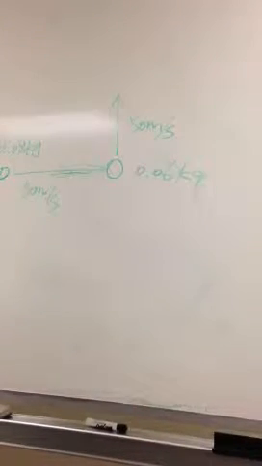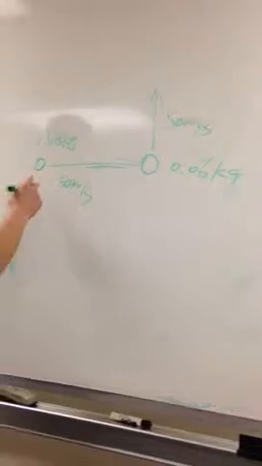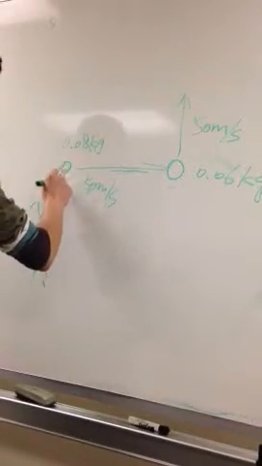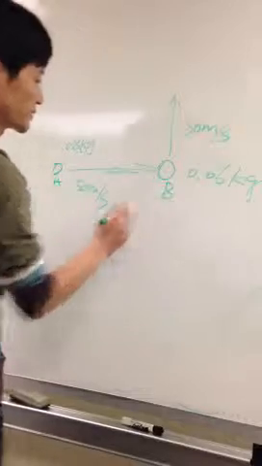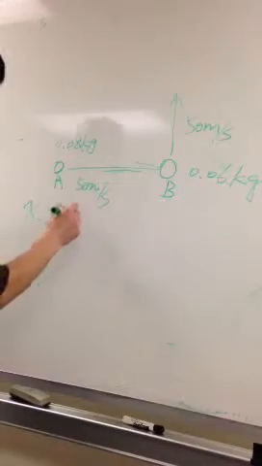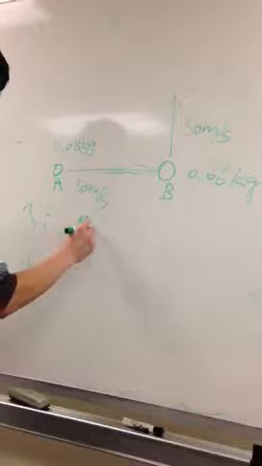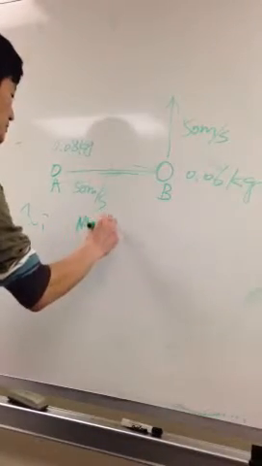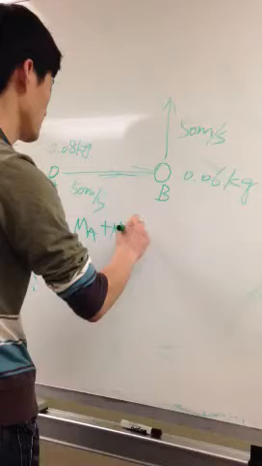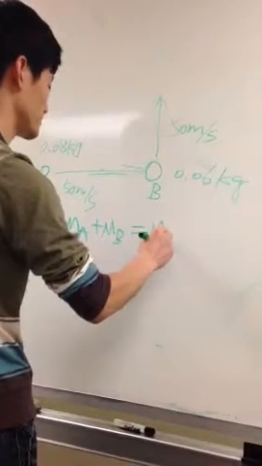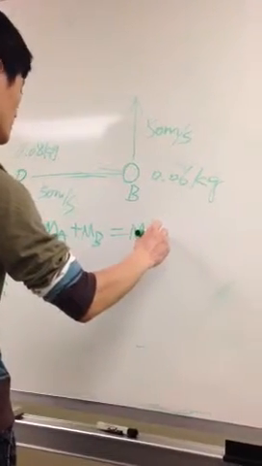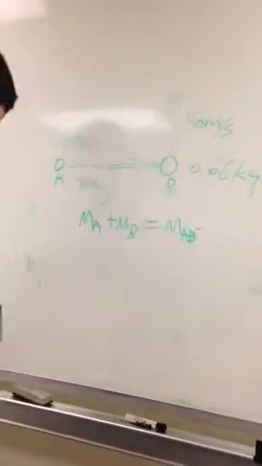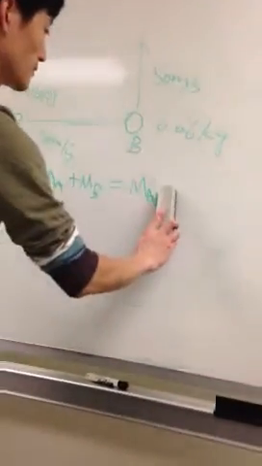Along x, we use conservation of momentum. Let's say that's A particle and that's B particle. The momentum of A plus the momentum of B will be equal to the momentum afterward, because afterward they stick to each other, right?